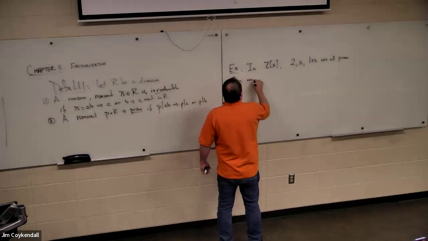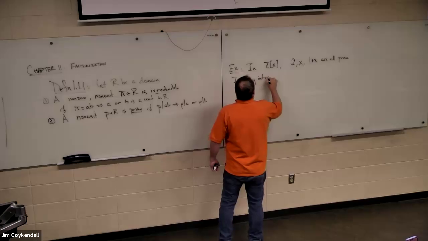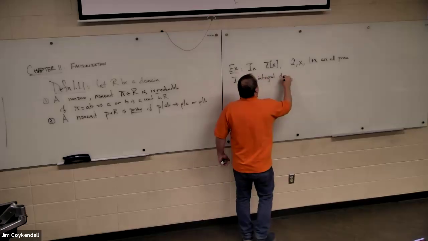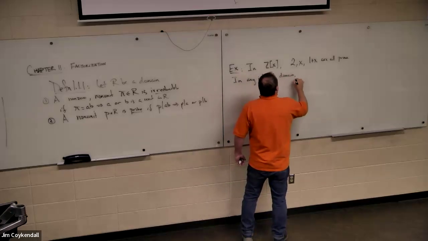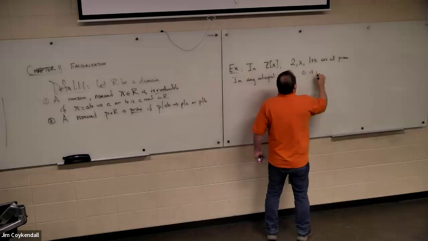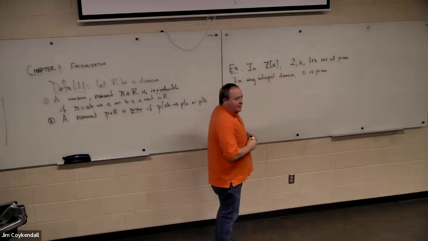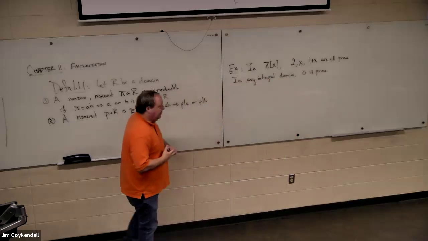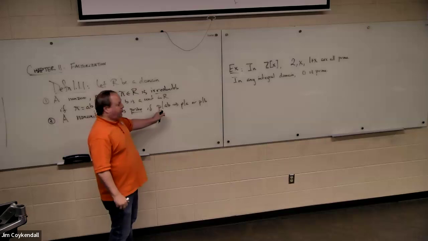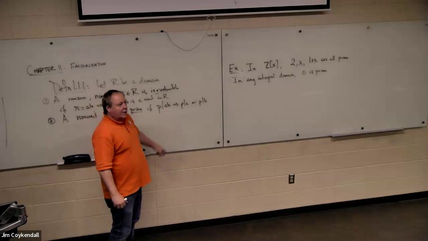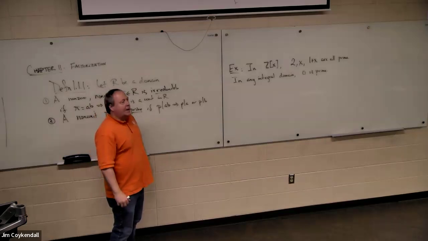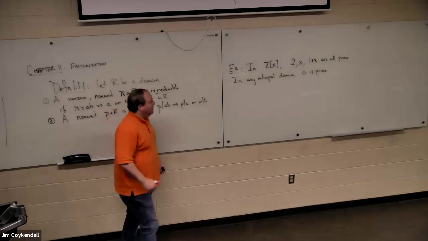In any integral domain, zero is prime. Now, if you go through the definition carefully, you'll see why this is true. Suppose zero divides a product of two things. Well, can zero divide something? Actually, it can, right?